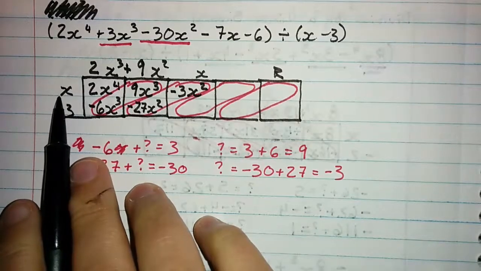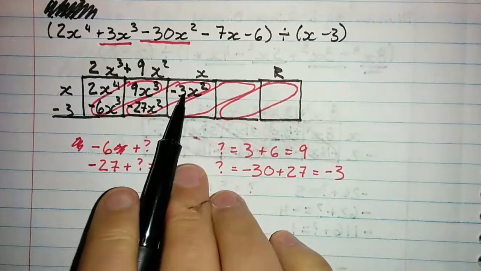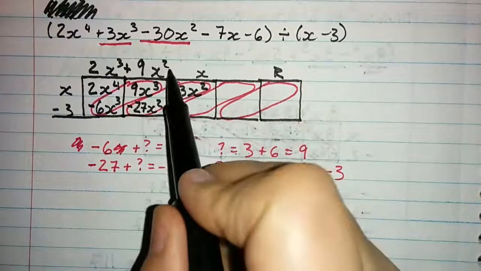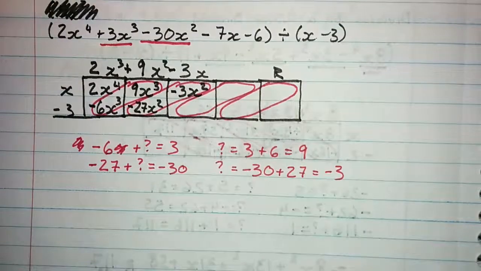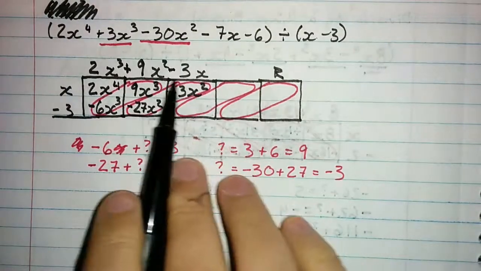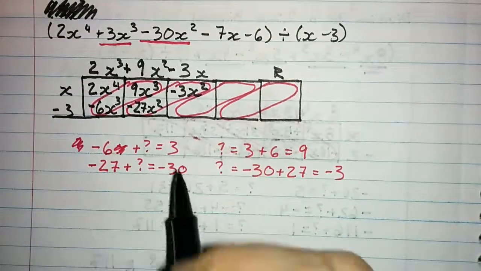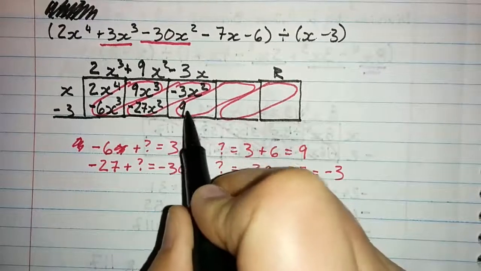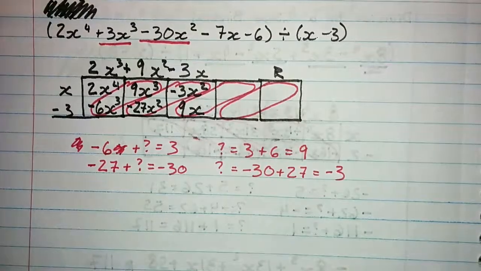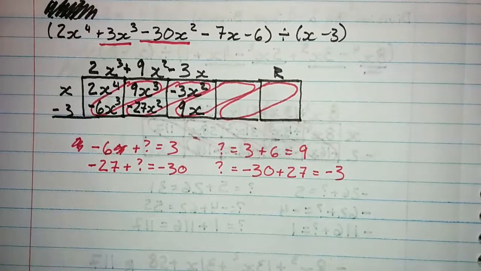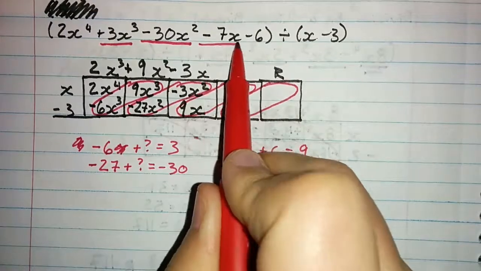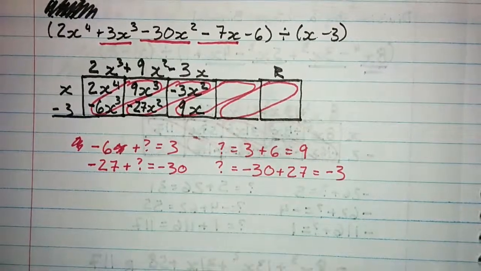What will I need to multiply x by to get negative 3x squared? I need to multiply it by negative 3x. Negative 3x times negative 3 will be 9x. I ultimately want to get negative 7x.